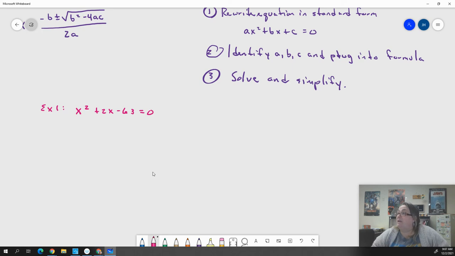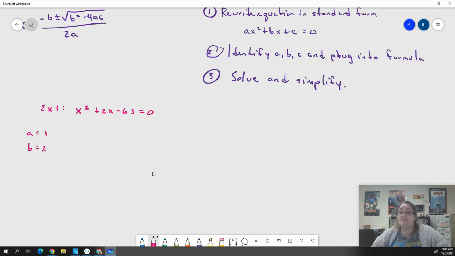And so we can move on to part 2 where we identify a, b, and c, right? A for us is whatever is in front of x squared. If there's nothing in front of x squared, it's just 1. Our b is whatever is in front of our x value. If there is nothing in front of our x value, it's 1, but because we have a number there, it is 2.